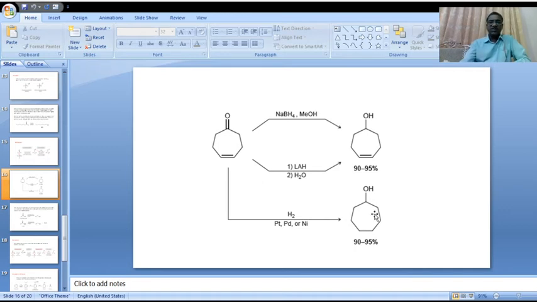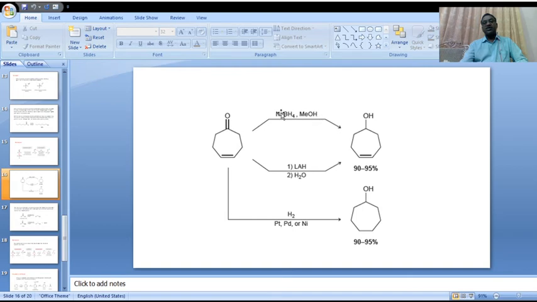Please concentrate here. Here also is the same ketonic functional group. There is an unsaturation in the cyclic ring. Here, ketonic functional group in presence of sodium borohydride, and this is the solvent, methanol, we are using.